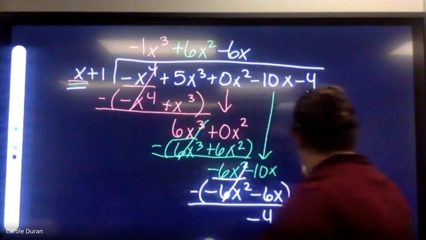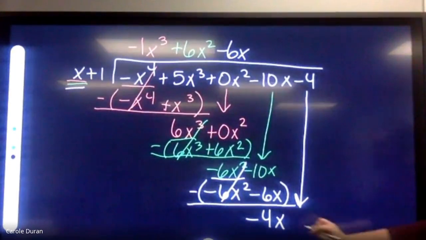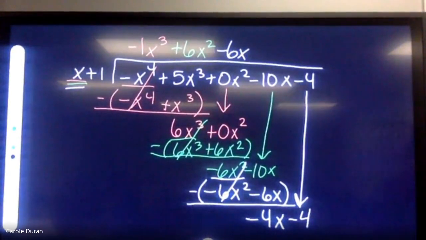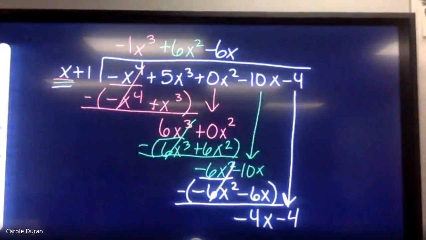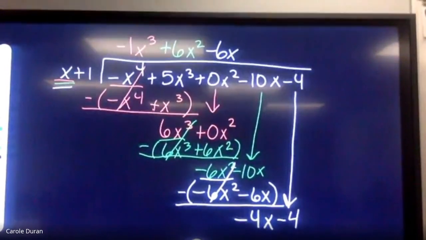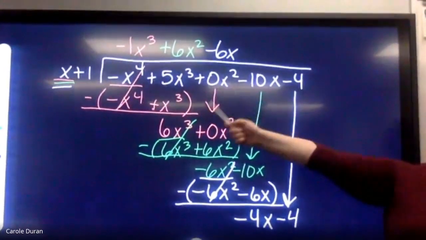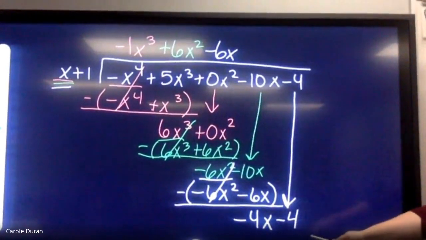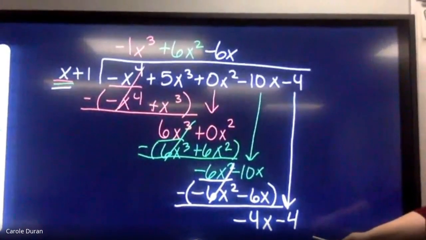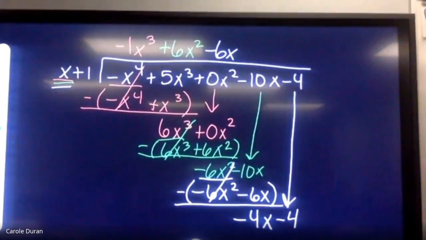And then I drop down my last term, which indicates this is the last part of this long division I'm going to have to do. And then I ask myself, how do I get from x to a negative 4x? Just multiply by negative 4.